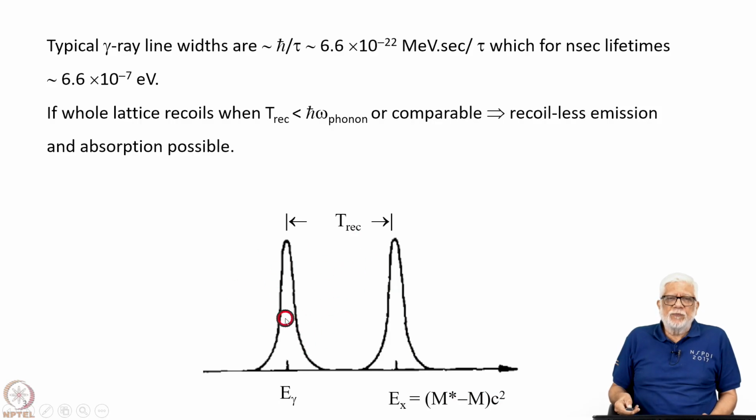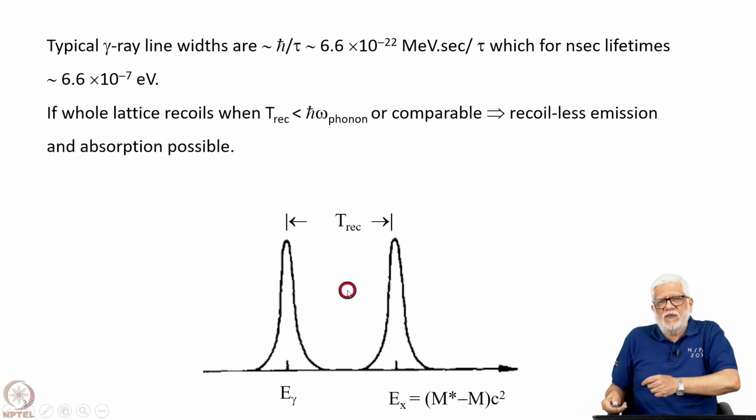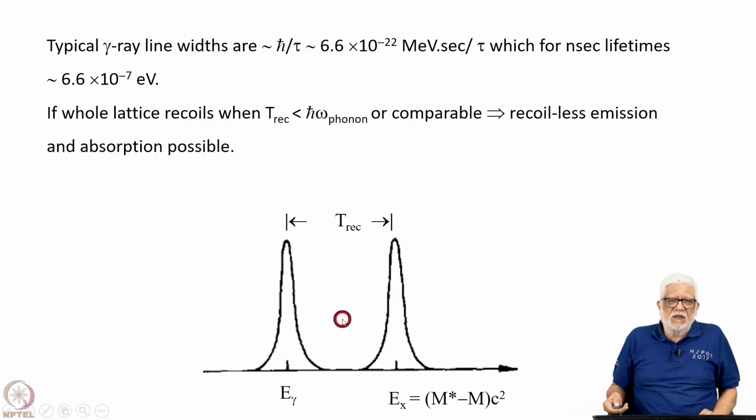So, were you to actually do a photoabsorption experiment, then the energy corresponding to, let us say, 1 MeV minus this 5 electron volts will not be enough to excite the nucleus, because when you do the reverse process, when you do photoabsorption, you have to account for the recoil energy of the target nucleus. So, you are either 5 eV lower or 5 eV higher than the energy corresponding to the energy of the transition.